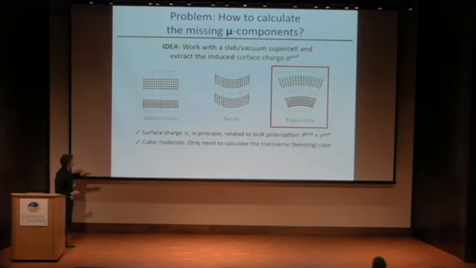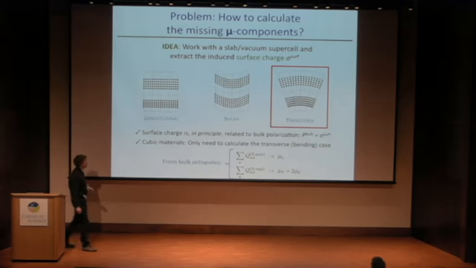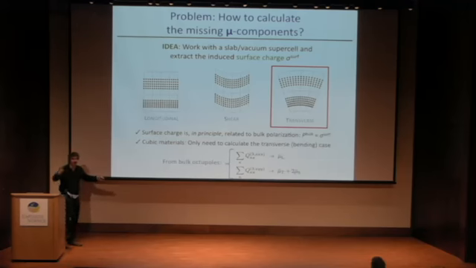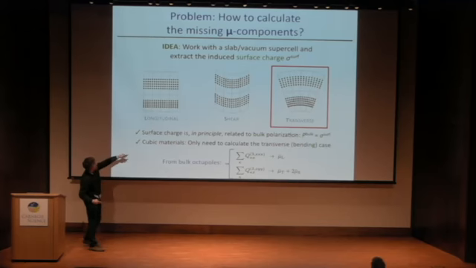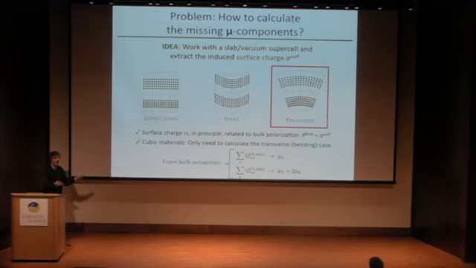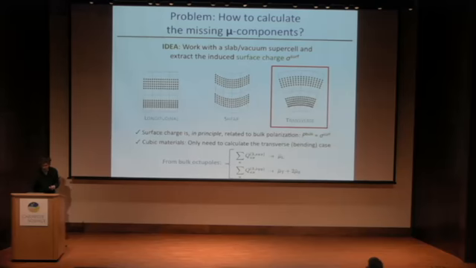And then, if I have a cubic material, I only need to consider one type of deformation because, as I told you before, some information can be gathered at the bulk level from the octupoles. So I have these two equations from the octupoles, I plug the third number here, and so I can resolve the three components fully.